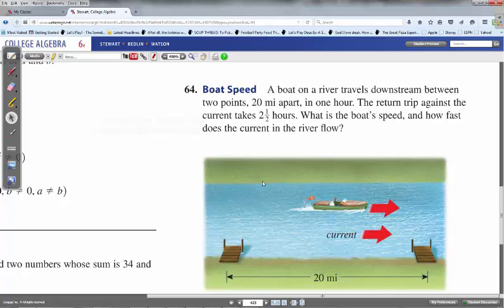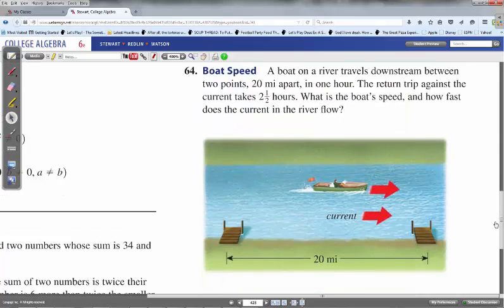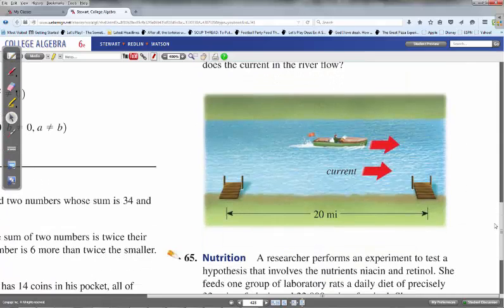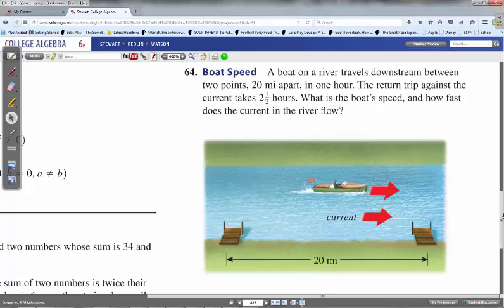The idea with motion and a current, whether you're a boat in a river or an airplane on the wind, is that your rate when you're in a river will be a composite of two things, because there's the rate of the river and then there's the rate of your boat. And usually the rate of the boat is considered as if you were in a still pool, so like there was no current at all. What would the rate of your boat be?